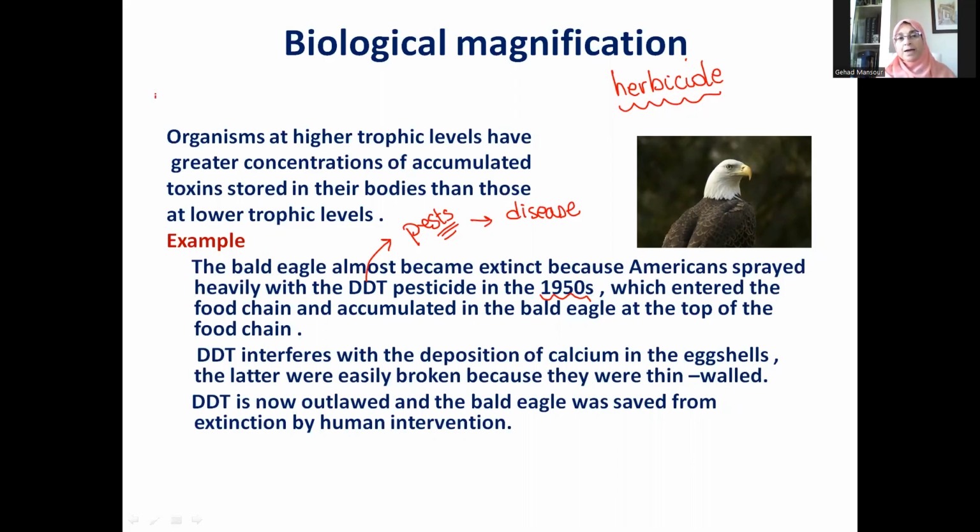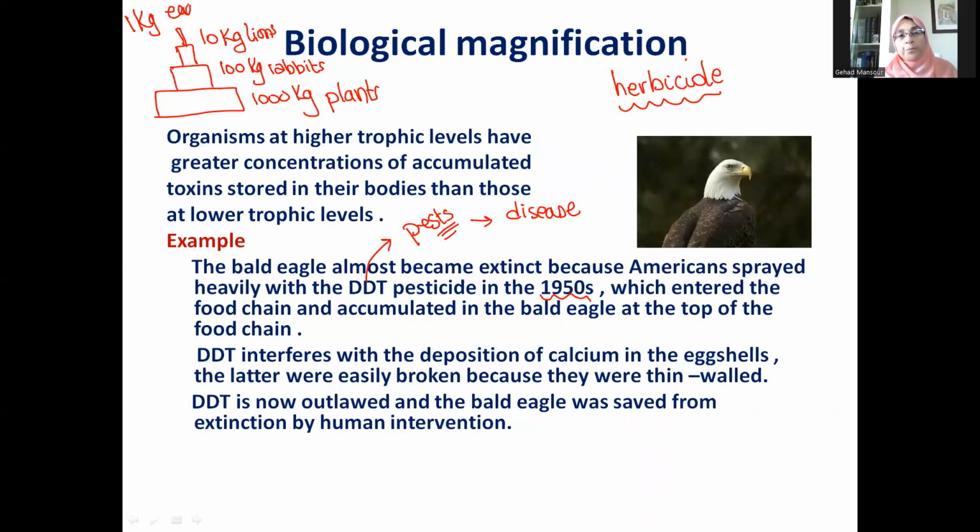Because if I have 1,000 kilograms of green plants or herbs, this will be eaten by only 100 kilograms of biomass of rabbits, and the 100 kilograms of rabbits will be eaten by only 10 kilograms of biomass of lions, for example, and this will be eaten by only 1 kilogram of the bald eagle.